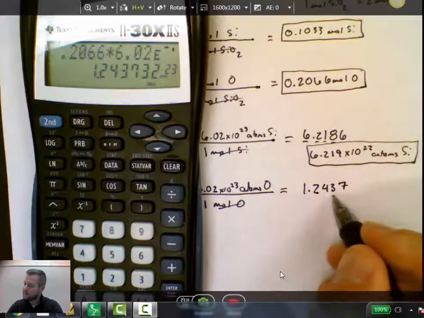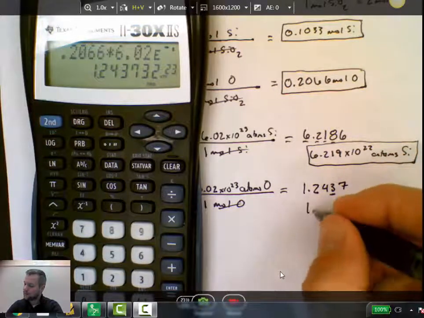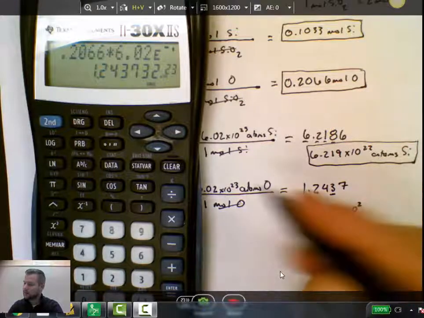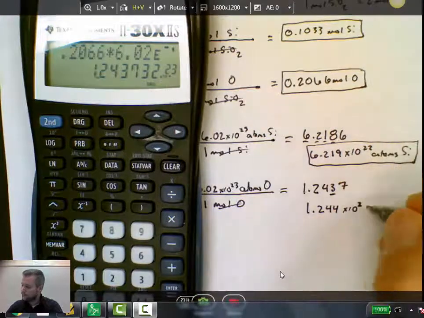You get 4 sig figs, 3 followed by a 7 turns to a 4, 1.244 times 10 to the 23rd atoms of O.